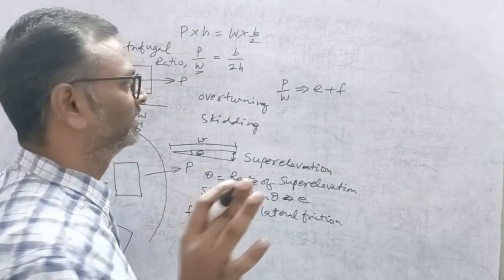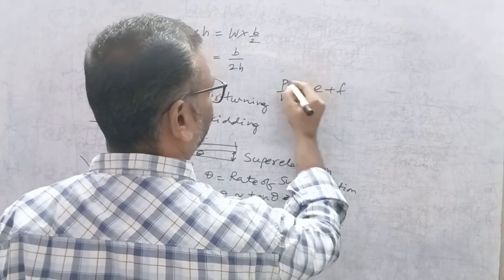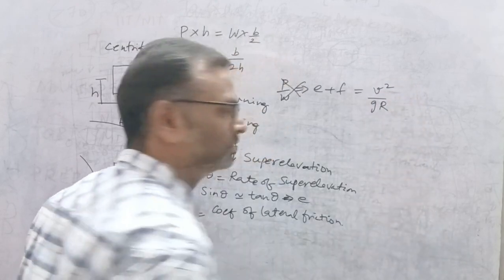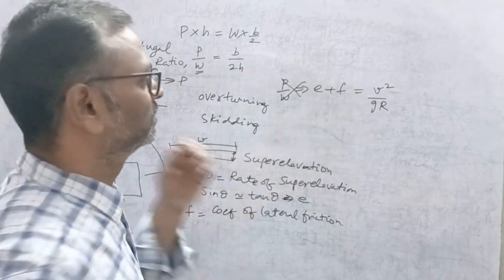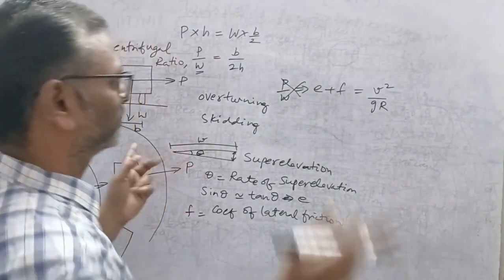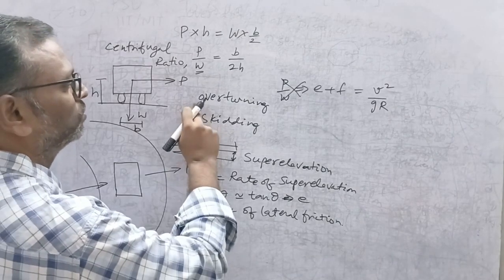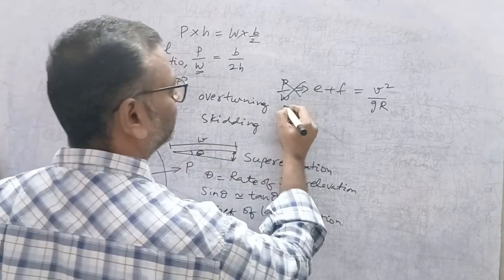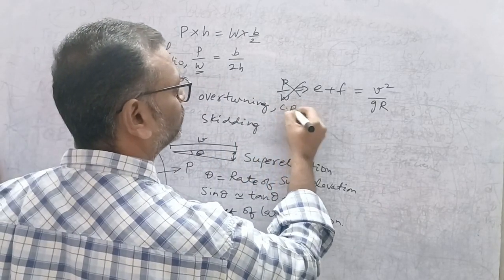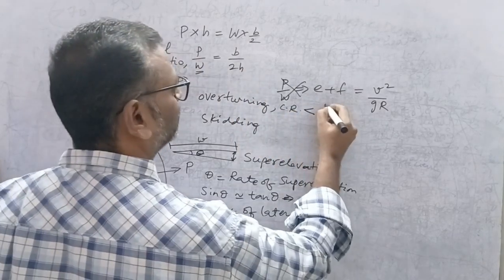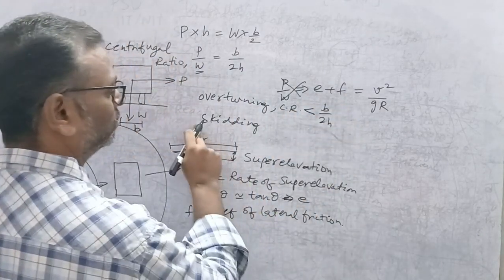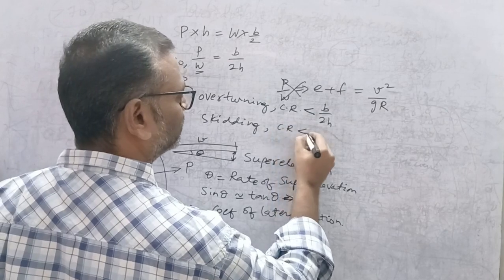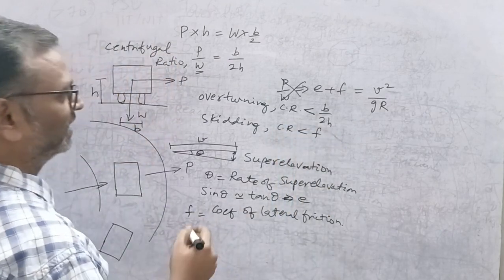We don't need all the derivation, so what we simply write is e plus f is equal to V square by gR. Coming back to this point, to avoid overturning of the vehicle, the centrifugal ratio should be less than B by 2H, and to avoid skidding, the centrifugal ratio should be less than the coefficient of lateral friction.